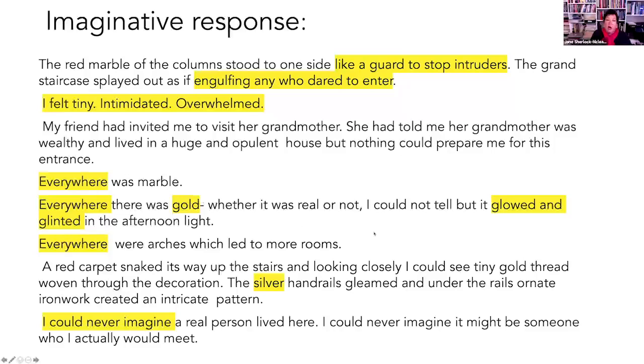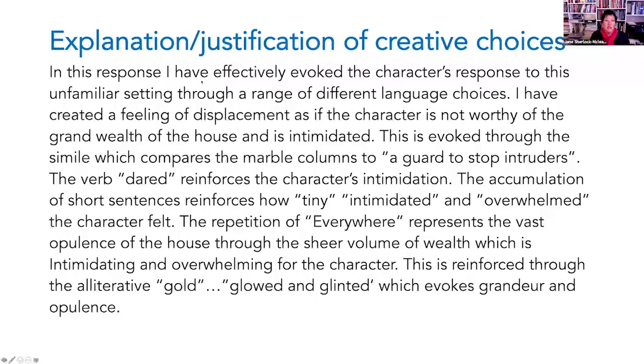I've got the use of gold and silver and glowed, and of course the first person. It's not a stunning piece of writing by any means, but I wanted to be sure that I had some craft examples to actually critique. So I've said I've effectively evoked the character's response through a range of different language choices, and I've gone on to talk about those.